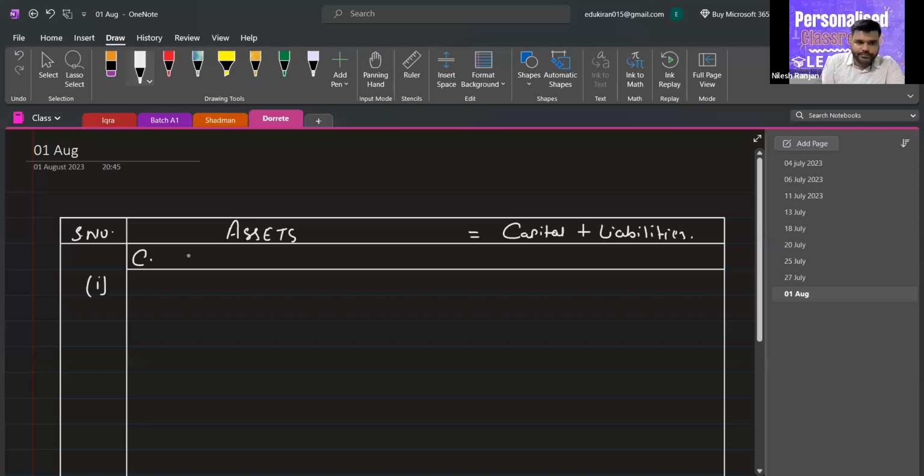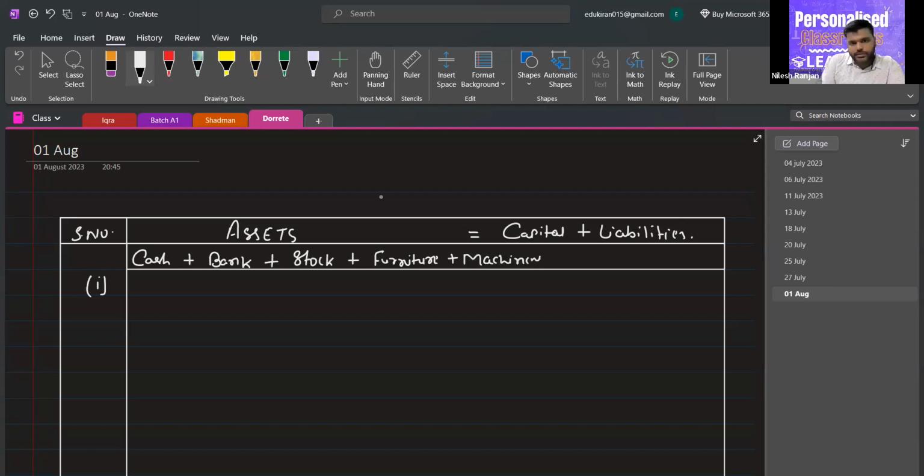Cash plus bank plus stock plus furniture and plus machinery. Actually, I have to erase this and write it from here.